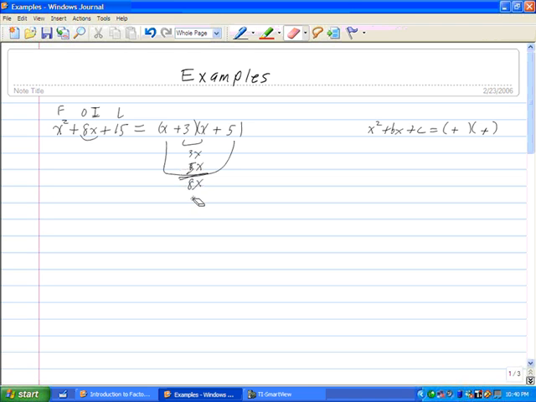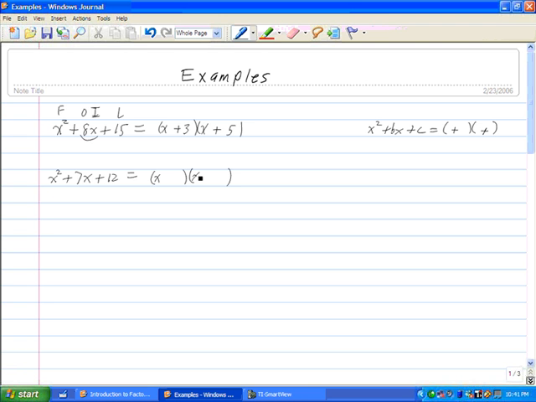Alright, let's try another factorization somewhat like that one. Let's go with x squared plus 7x plus 12. Again, it is a trinomial that has to factor as two binomials. The x squared can only be an x and an x.